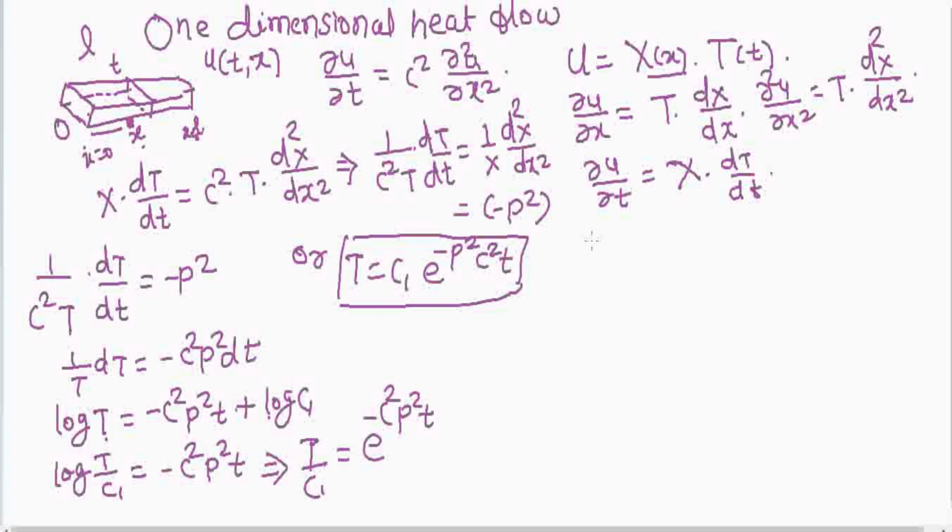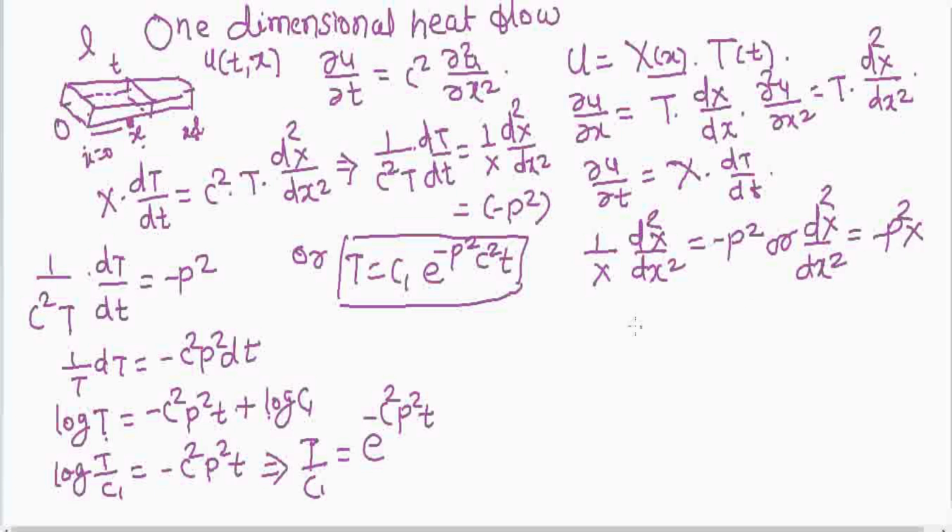Now the second equation, 1 divided by X into d2X by dx square equal to minus p square, or d2X by dx square equal to minus p square into X, that is, d2X by dx square plus p square X equal to 0.